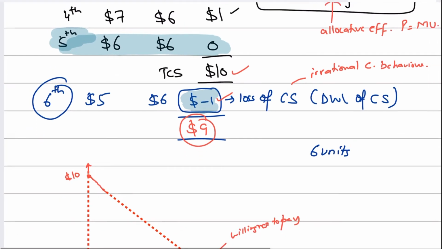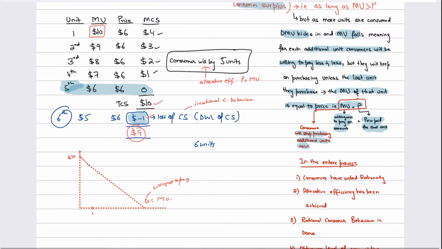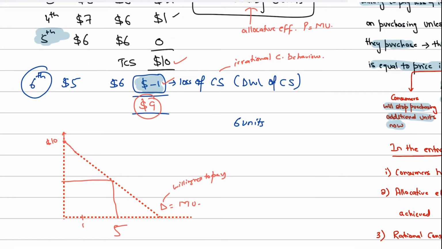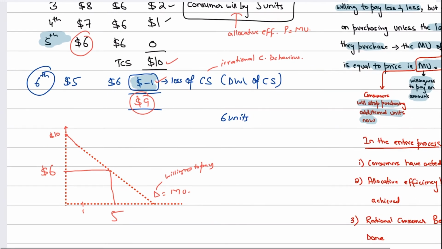So I am buying 5 units in total, and for the fifth unit I am willing to pay only $6. So yeah, that's about it.